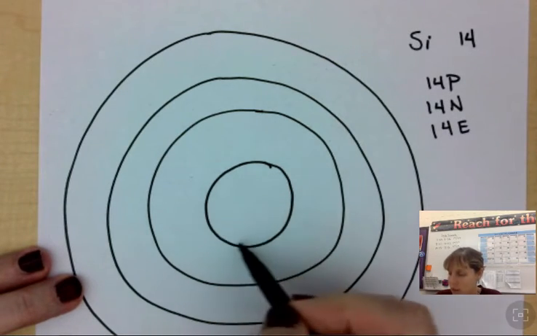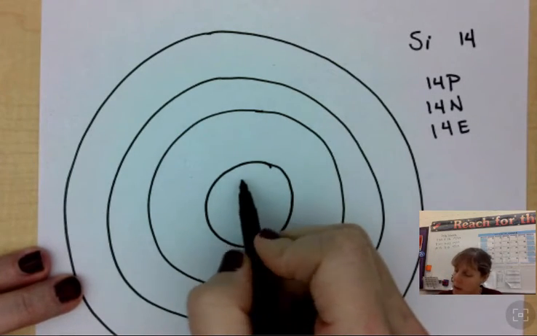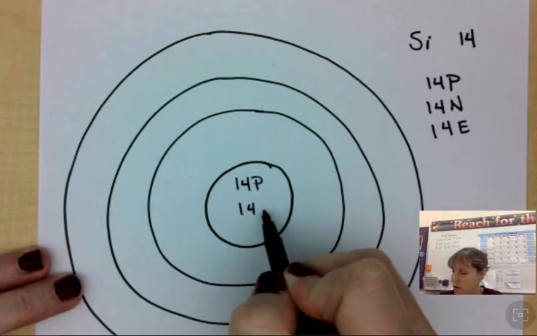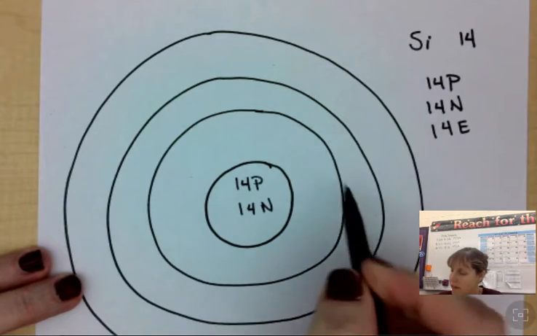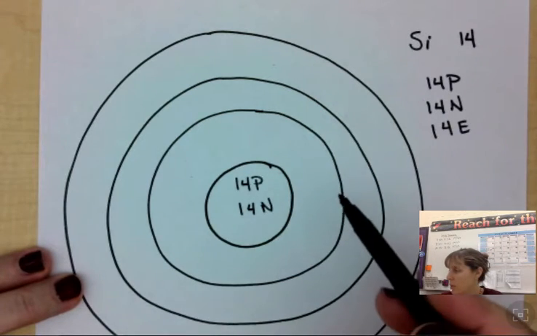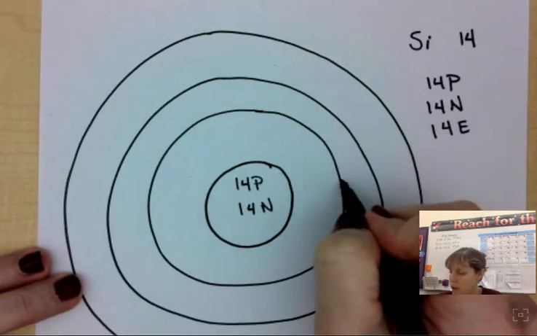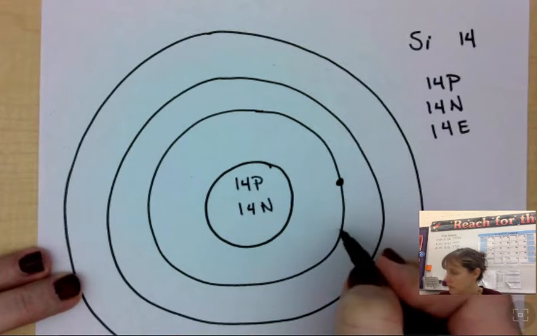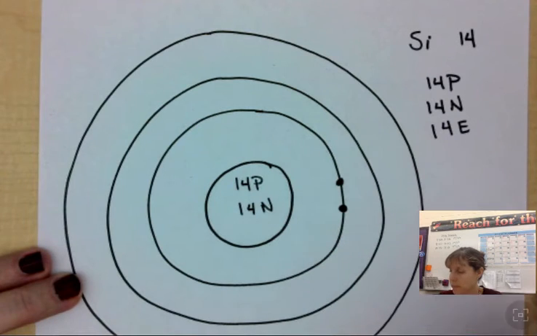So in the nucleus of our atom, we have protons and neutrons. We have 14 protons, 14 neutrons. On our first energy shell, we can only put 2 electrons. So here's 1, here's 2. Okay?